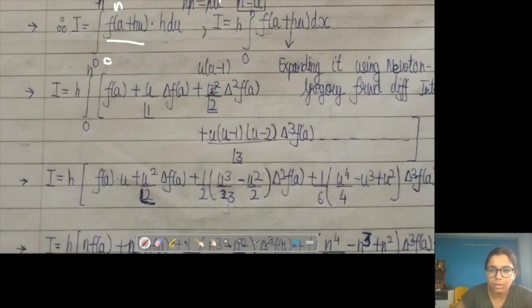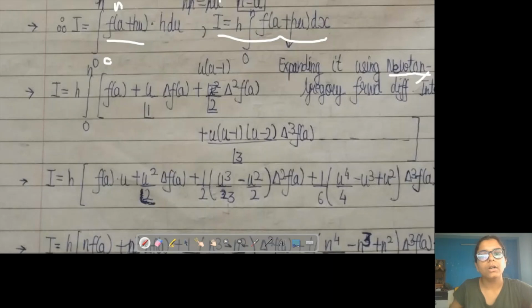This equation will be expanded with the help of the Newton-Gregory forward difference. If you remember, we already did forward difference interpolation, Newton's forward interpolation, which I told you is also known as the Newton-Gregory forward difference.